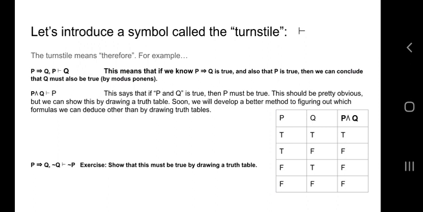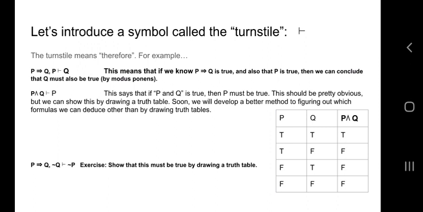In that third column, the first row has a truth value of true, and none of the other rows do. So we're only going to look at the first row. Now, what's the truth value of P in that row? Well, it's true. That means that if we start out knowing that P and Q are true, then we can deduce that P is true.